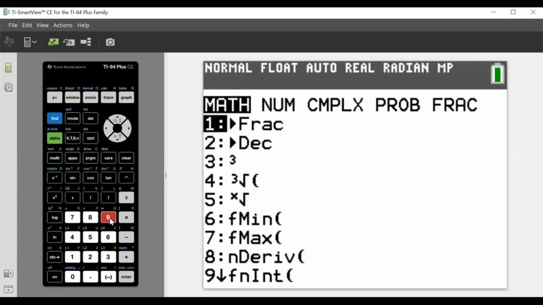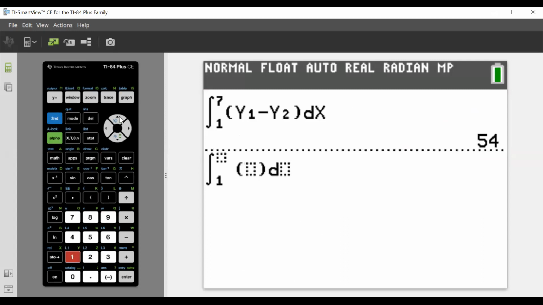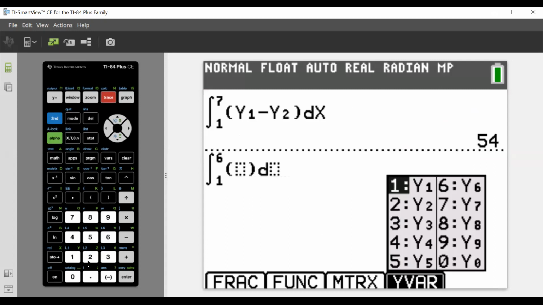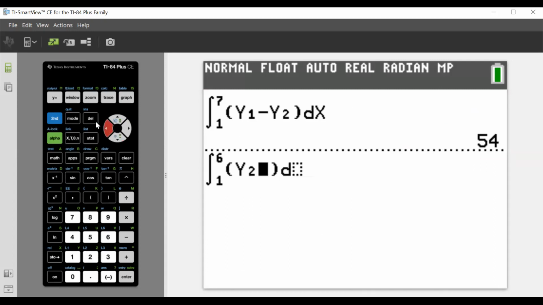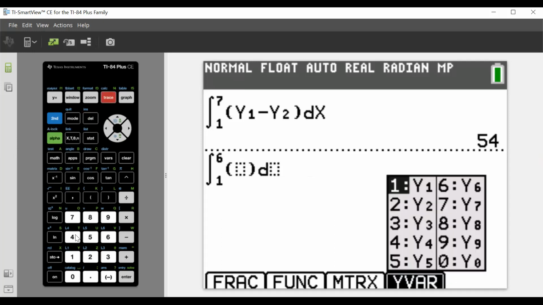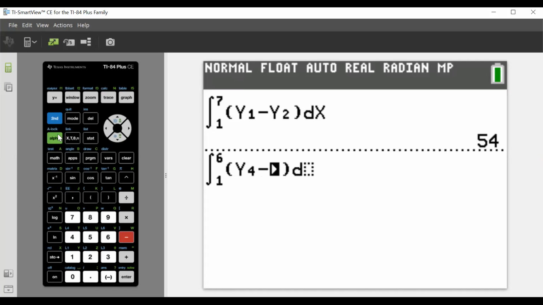So we'll do math 9, and we're going to go from 1 to 6 this time. We take alpha 4 minus alpha trace 3, and then our x. So this should give us our value.